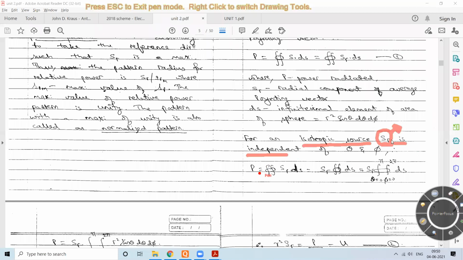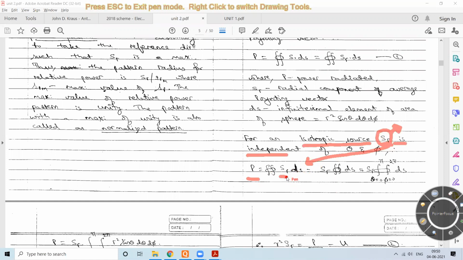If I use this value in the power theorem, P is the total power radiated by the isotropic antenna under consideration, which will be the surface integral of the power density with respect to the elemental surface area.